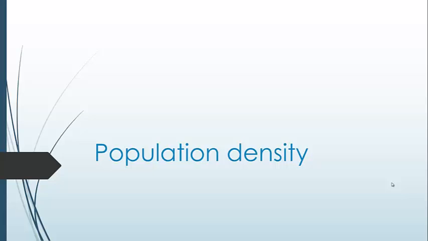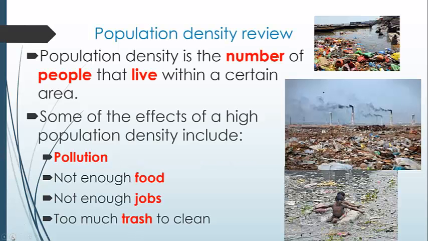We are going to go ahead and learn about population density and some of the resources that South and Southeast Asia have. So the population density review that we're going to do is look at our definition again that we just learned today.